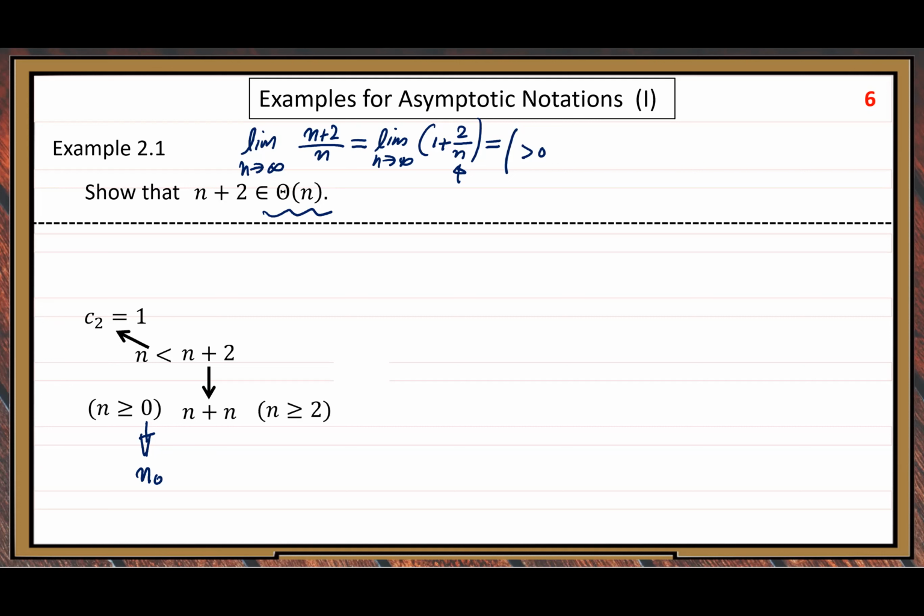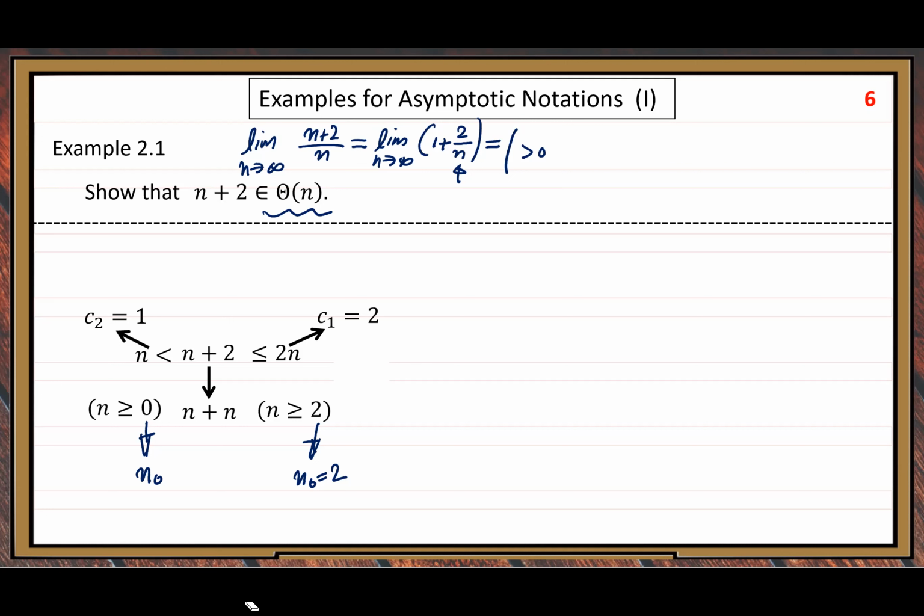So when n is greater or equal to 2, we can say n plus 2 is less than or equal to 2n. Here we just let n0 equal 2. So when we use the n0 concept, we put things under control, right?